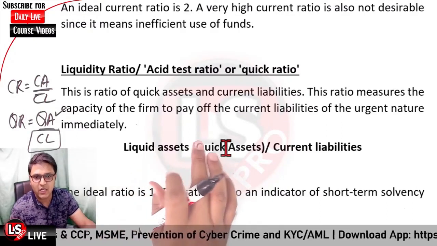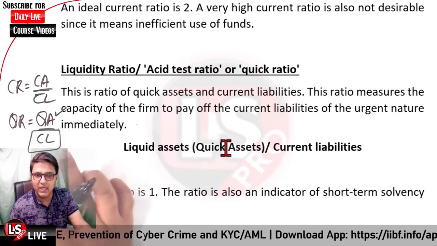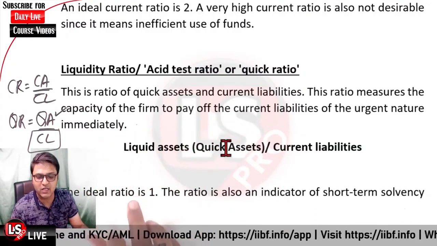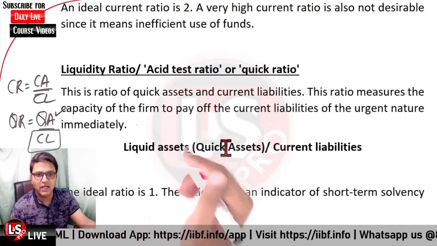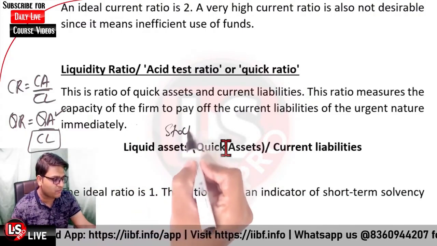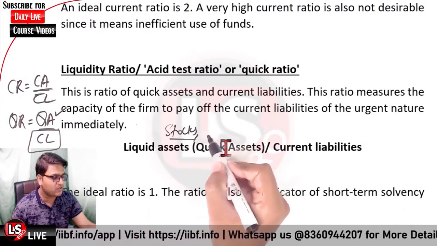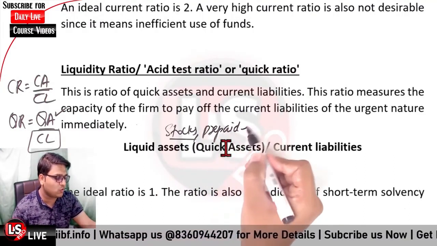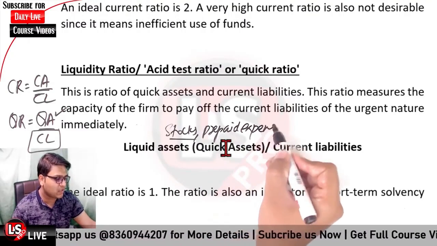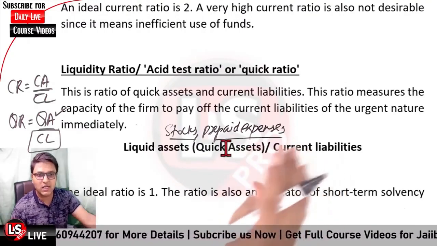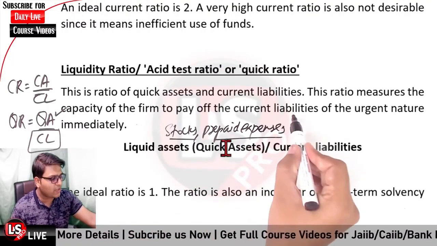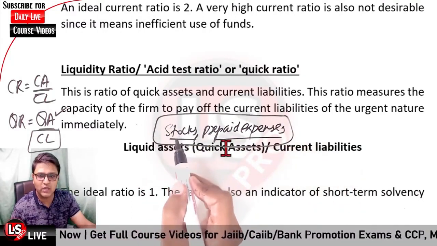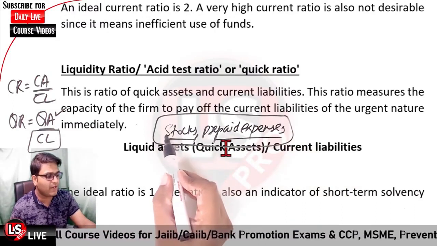Why is it stringent? Because in case of the current assets, we are considering all the current assets. Likewise, we are considering the stocks or inventory. We are considering the prepaid expenses also. These are also your current assets. But if you look into the depth of these assets, it is not possible that you can sell the stocks very shortly.